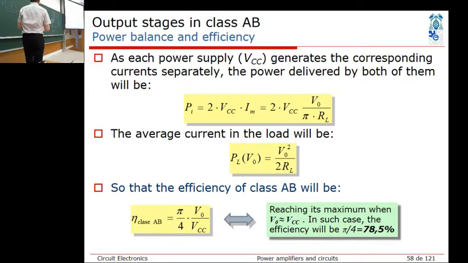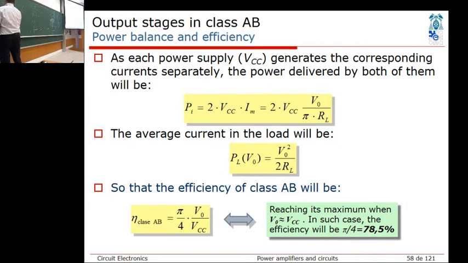Power balance. Each power supply actually provides that current of 2 times VCC times IM. On the positive cycle, it delivers in average this current, and in the negative cycle, it delivers on the negative side this current.